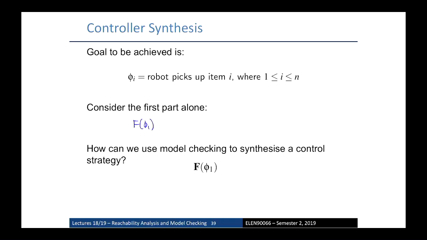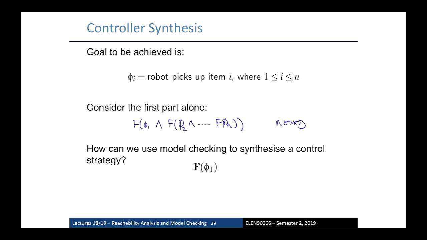So you would say that eventually it reaches phi 1 and eventually reaches phi 2, etc., all the way up to phi n. So that's assuming, let's just do them in order, 1 to n, right? We're implying order. So what we have is a nested statement here. You have the inner stuff and you work it out. A nested LTL statement.